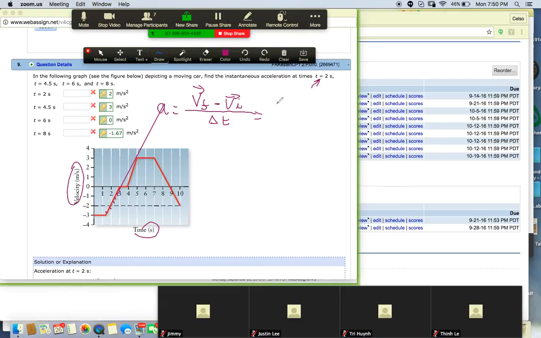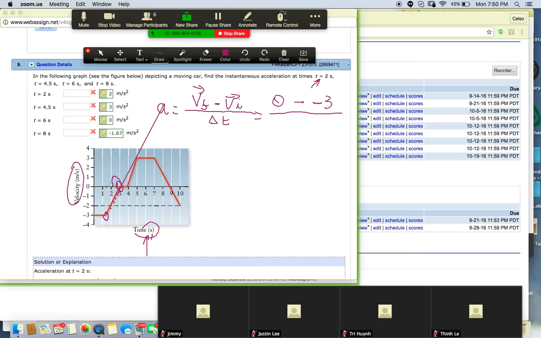So what is the final velocity? The one at this point, 0. What is the initial velocity? The one at this point, which is -3, divided by the time interval. The time is in seconds, and up to here it's perhaps 0.6.